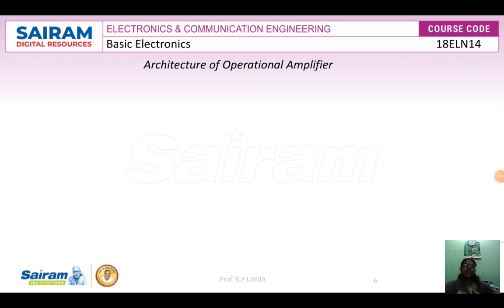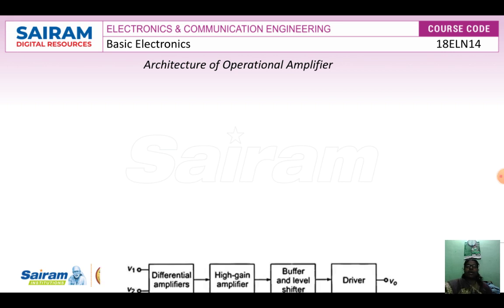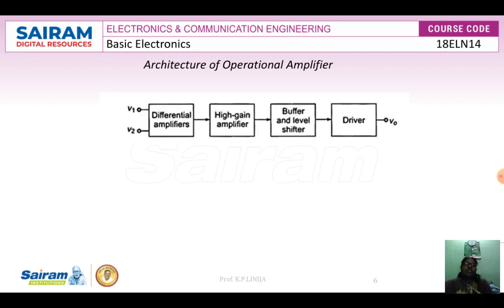Following the symbol of the operational amplifier, let us discuss the architecture of the operational amplifier. Let us see the block diagram. First is the differential amplifier. Here we are giving two inputs, V1 and V2.